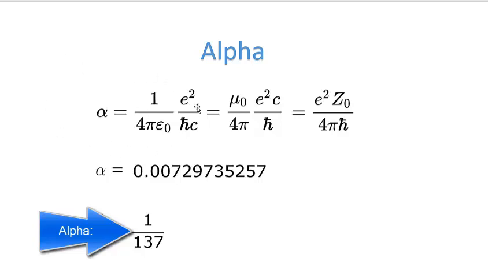The value I'm going to use is going to be different than the value you get when you calculate these three terms using reduced Planck's constant. So that's what I'm going to do next.